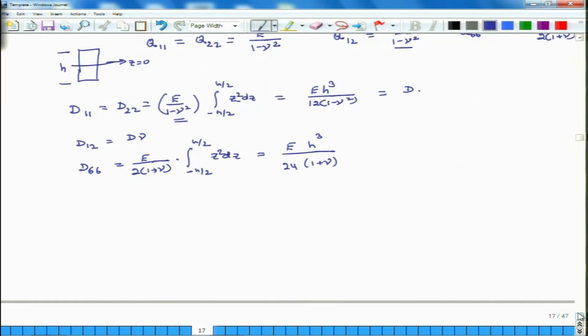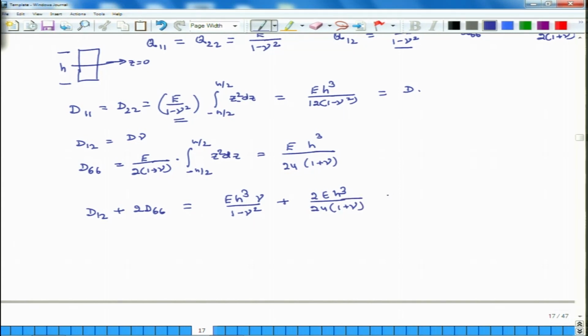Let us find out the sum of D12 plus 2 D66. This is equal to E h cube times mu divided by 1 minus mu square, plus 2 times D66, so 2 E h cube over 24 into 1 plus mu.